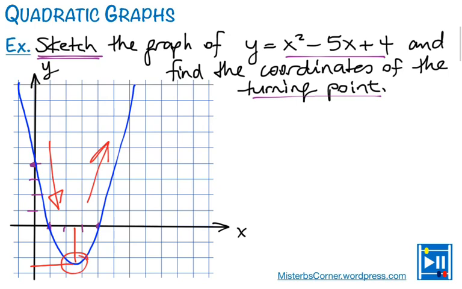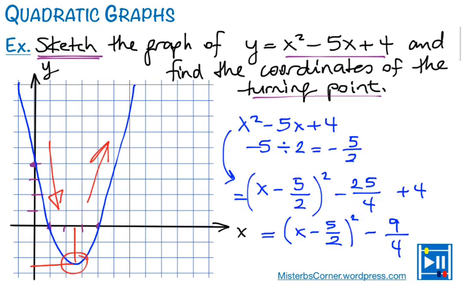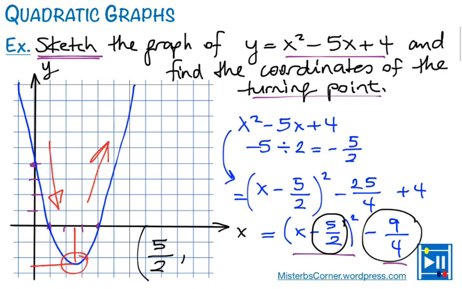For this, I'm going to complete the square. So this expression is basically (x minus 5 over 2) squared minus 9 over 4. Now, the turning point coordinates will be the additive inverse of this number, so it's going to be 5 over 2 for the x coordinate, and the exact value of this constant, minus 9 over 4, right?